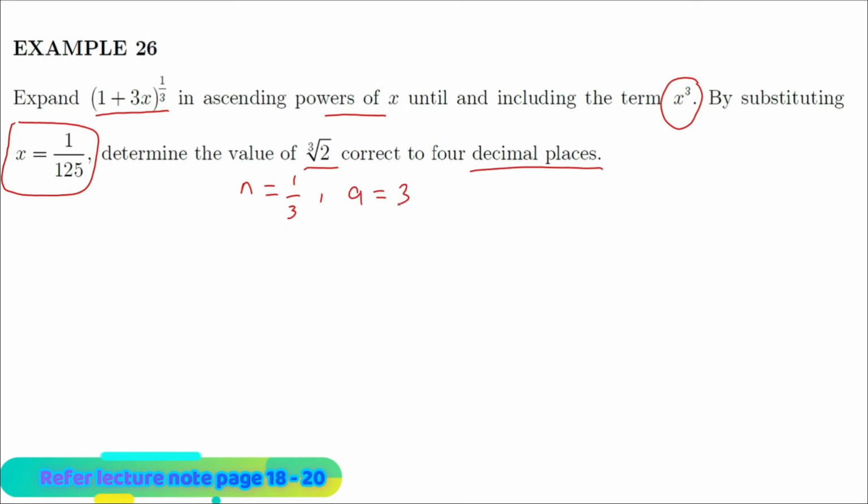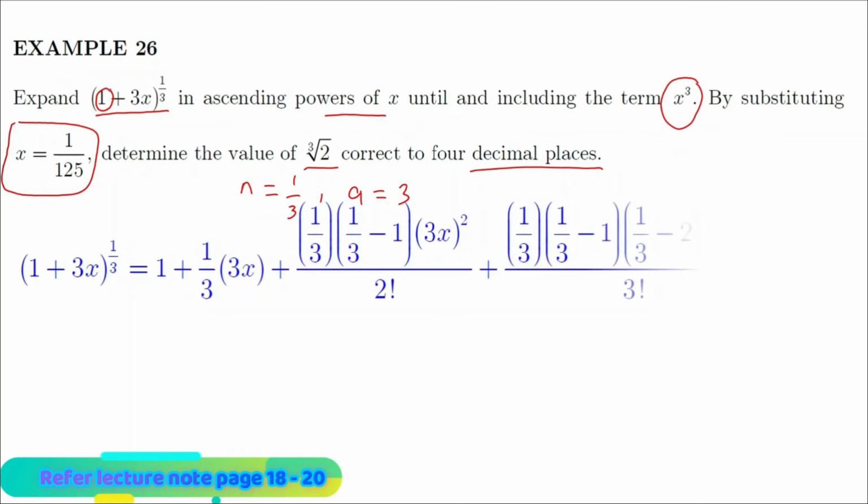And since we already have 1 here in the bracket, we can simply substitute our n and a into the binomial expansion formula as follows. And again, carefully calculate the coefficient of each term.